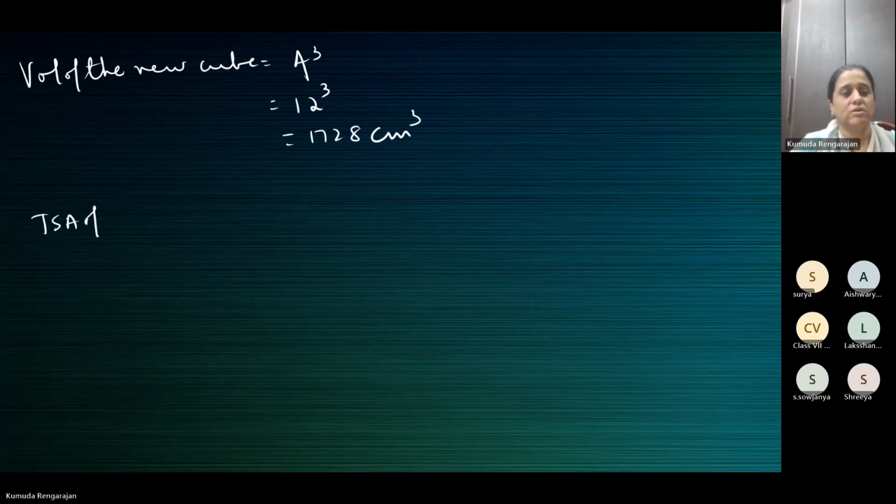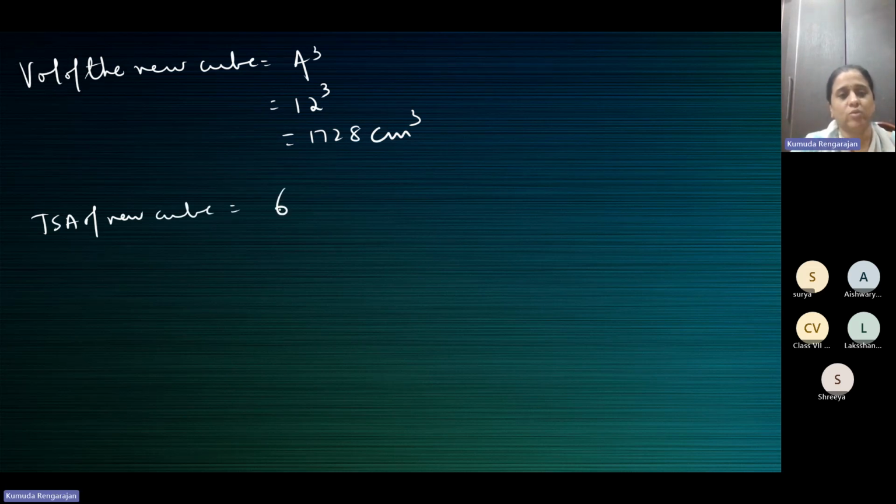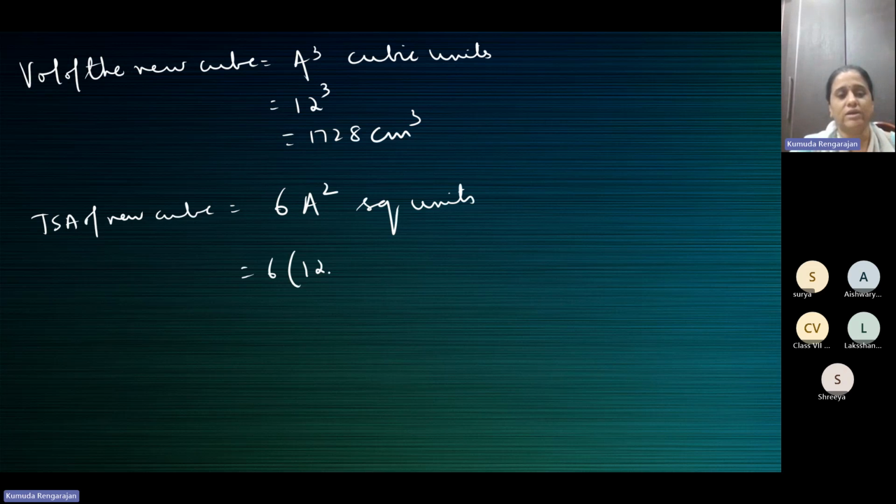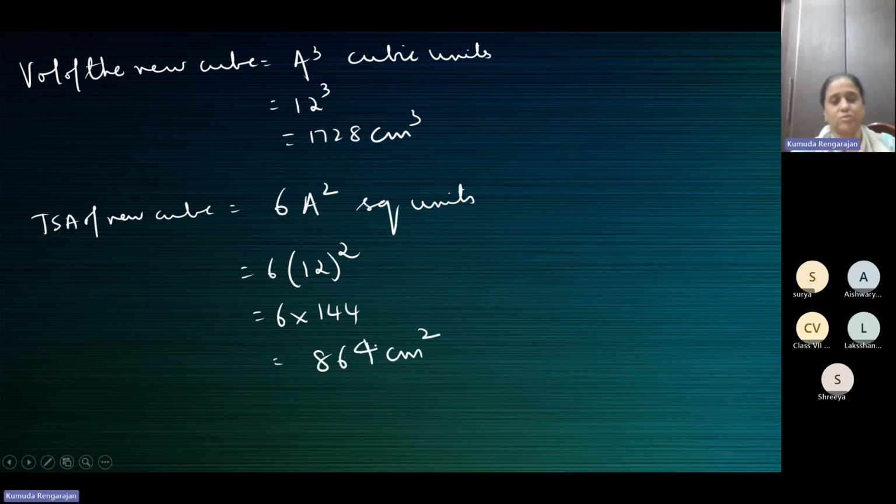TSA of the new cube is equal to 6A squared square units. So 6 into A squared, A is 12. So 6 into 144 is 864 centimeters squared. Please complete the answer, children.